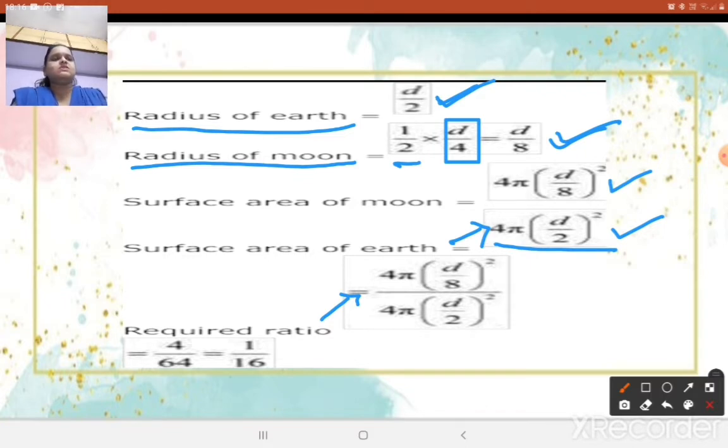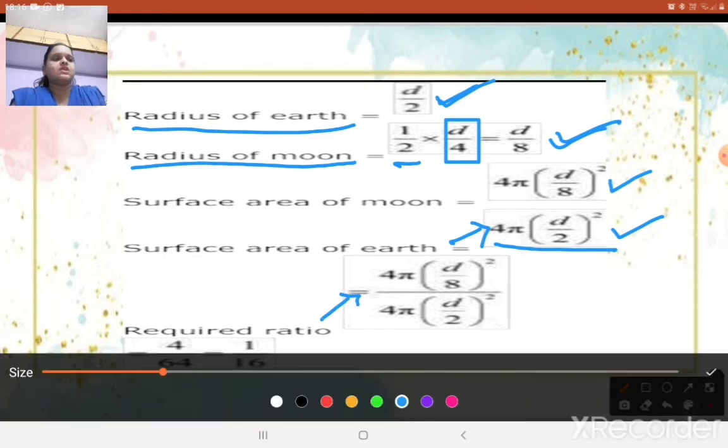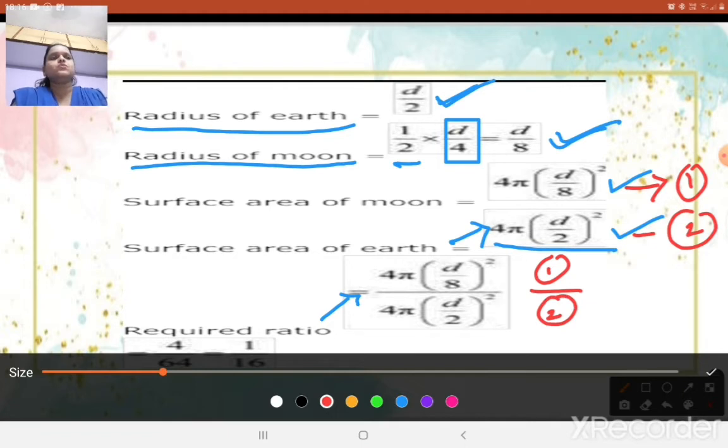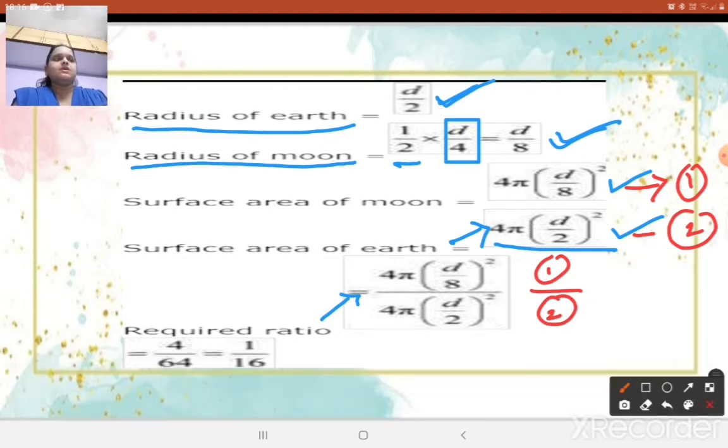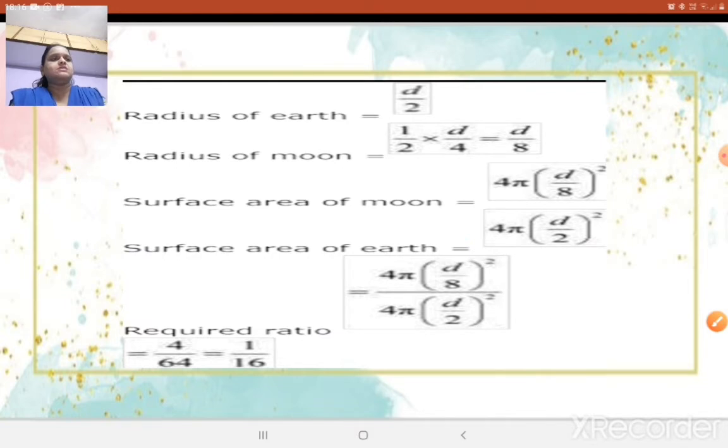If you want, you can consider this step as 1 and this step as 2. So divide 1 upon 2. This way you can remember. Yes, so just find the answer. See the calculation part over here.